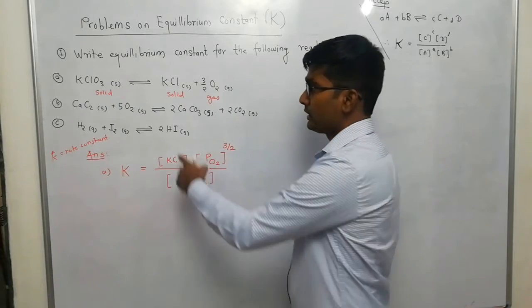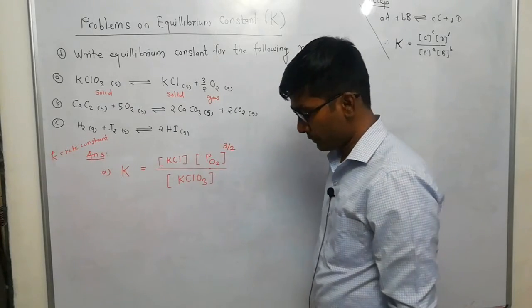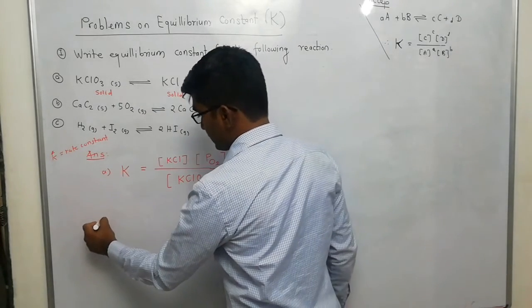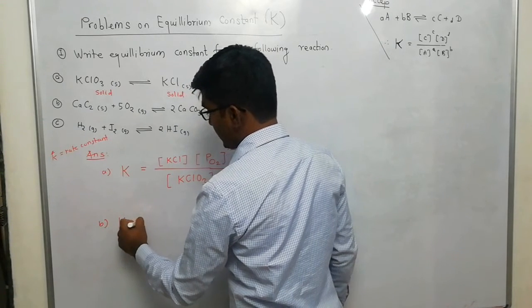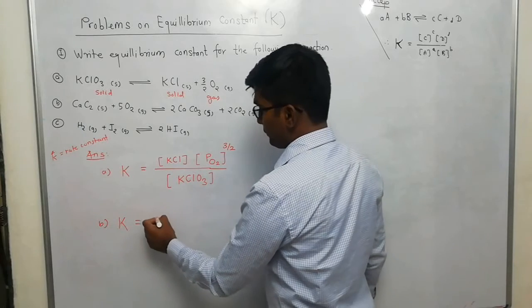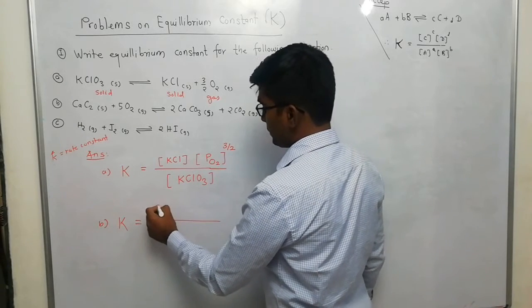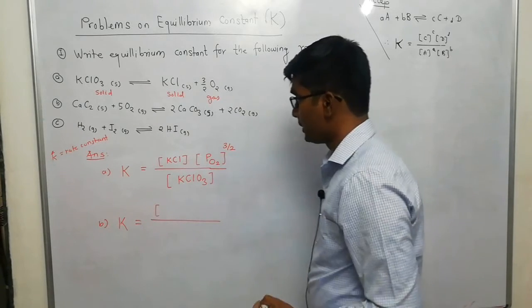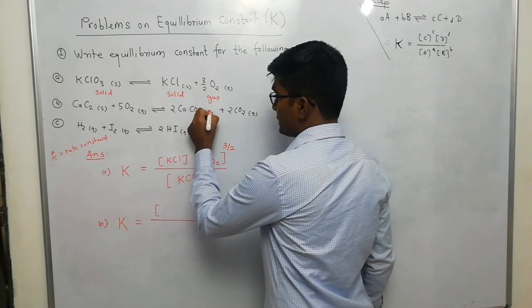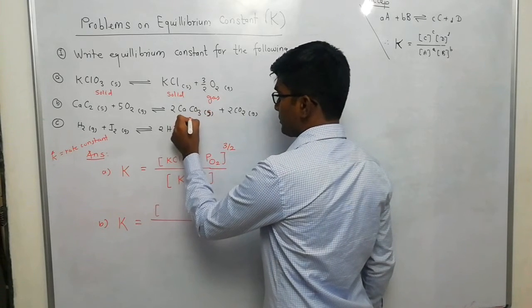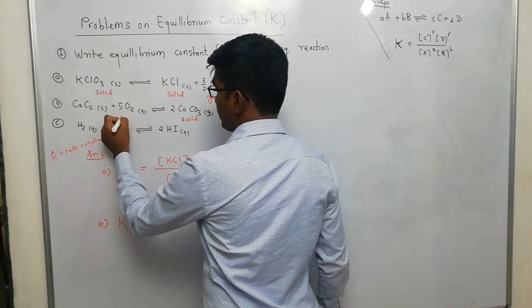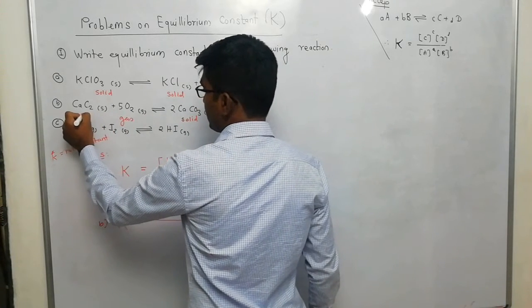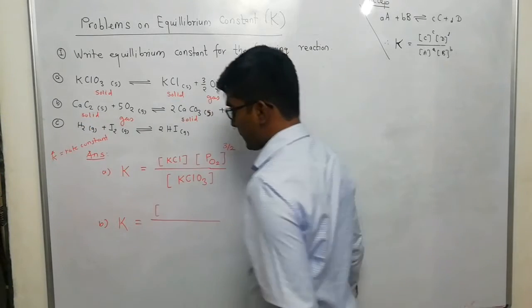Okay. Let us see problem number 2. The calcium carbide equilibrium constant capital K is equal to the concentration of product divided by the concentration of reactant. Now observe that calcium carbonate is solid, this is in gaseous state, this is again gas and this is again solid.